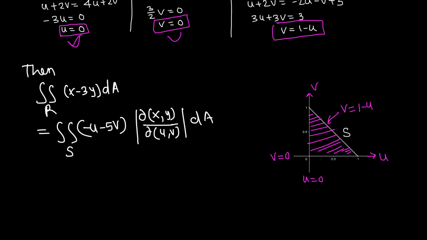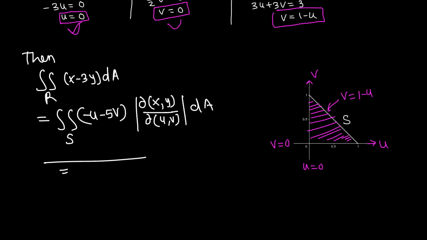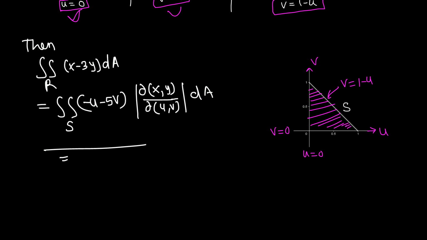So let me find the Jacobian of x, y with respect to u, v. We need to find the following determinant: the partial derivative of x with respect to u, the partial derivative of x with respect to v, and the same thing for y.